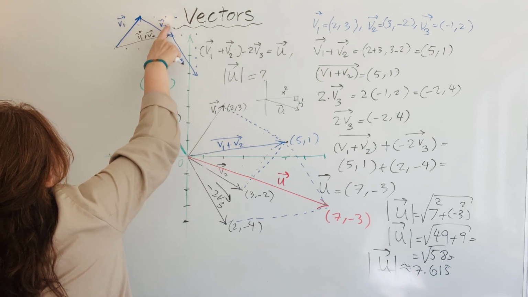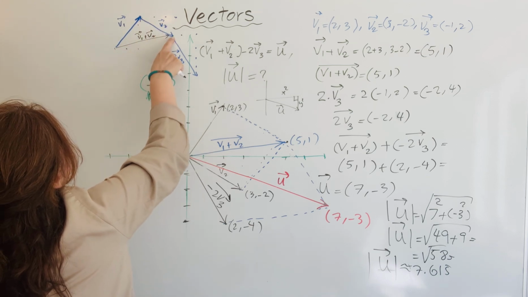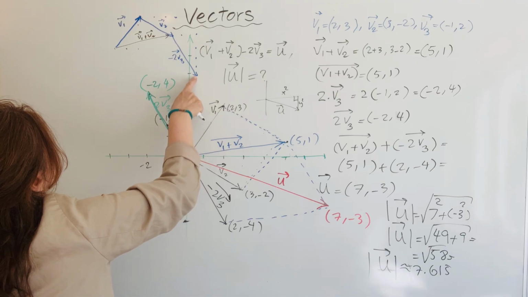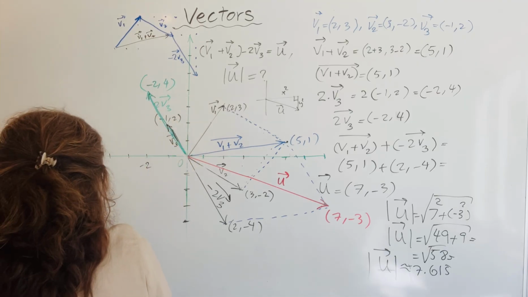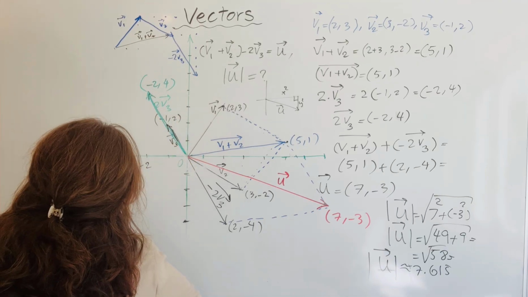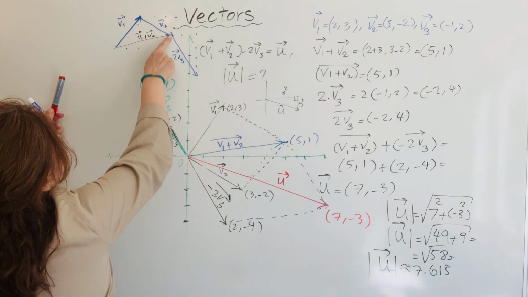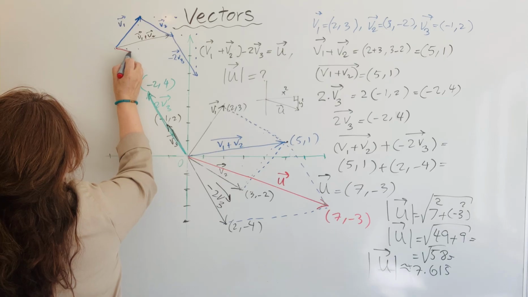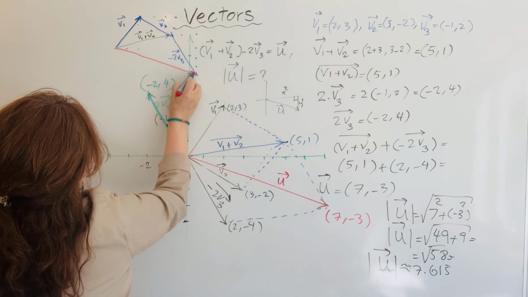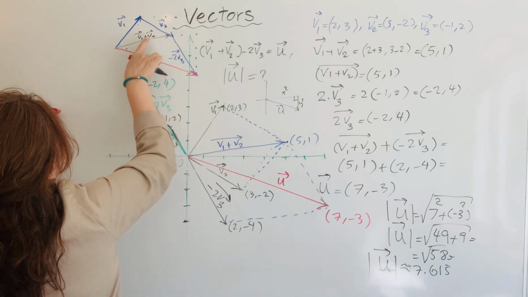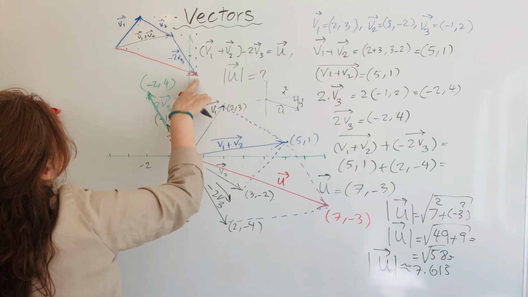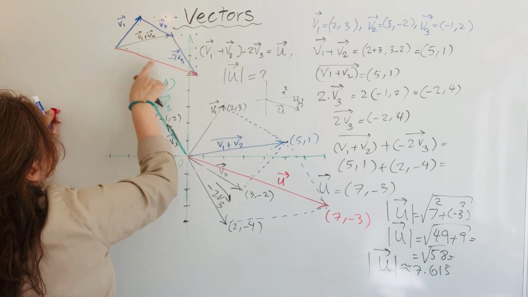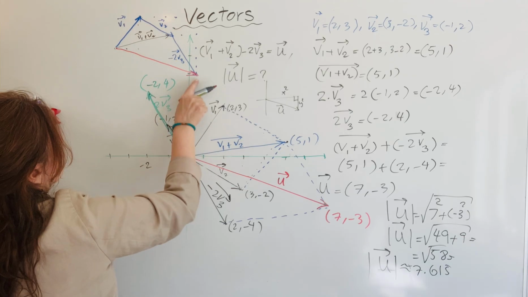V1 plus V2 gets this one, plus negative 2V3. How much is the final result? The final result is this one plus this one, from the tail, the beginning, to this one.